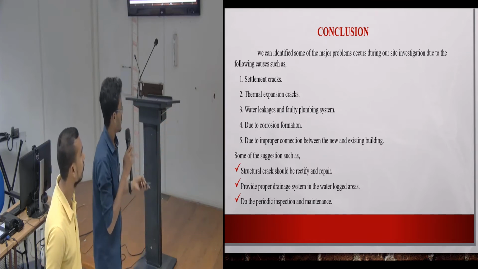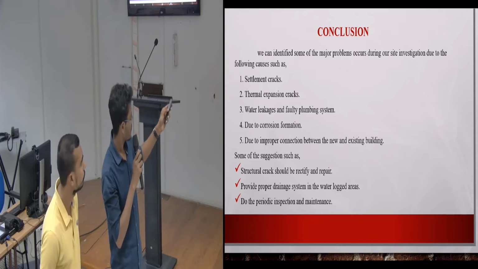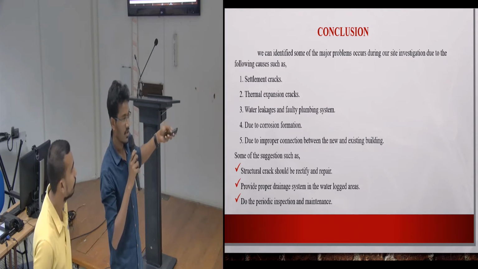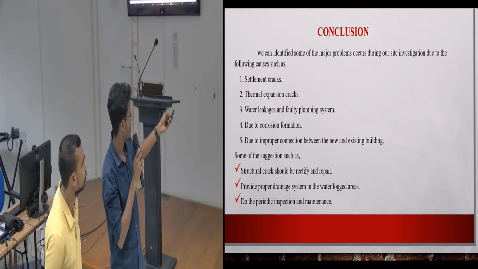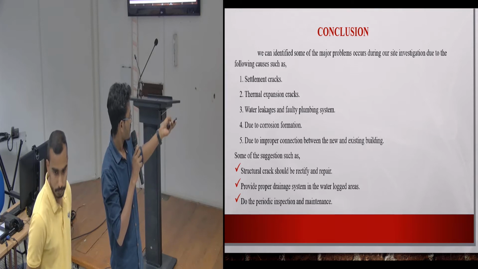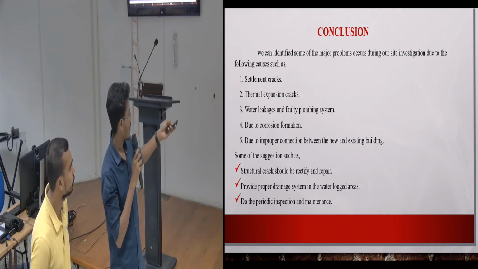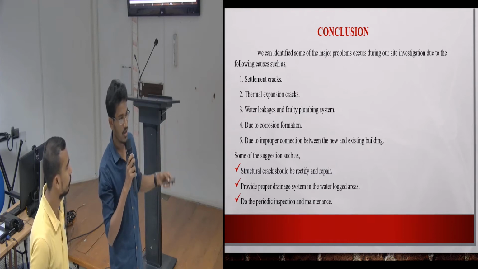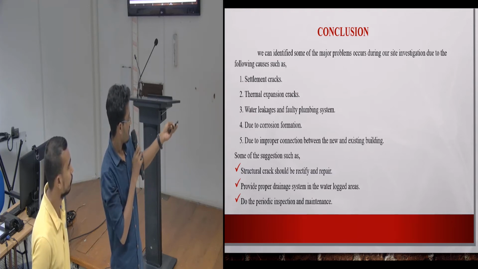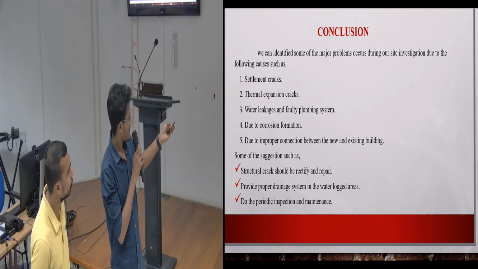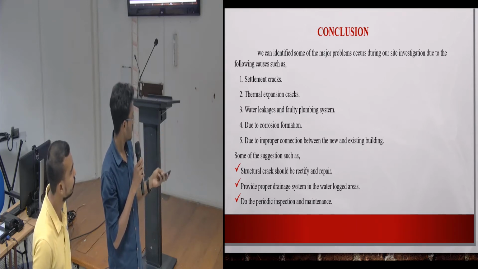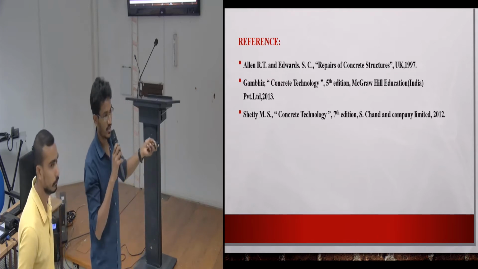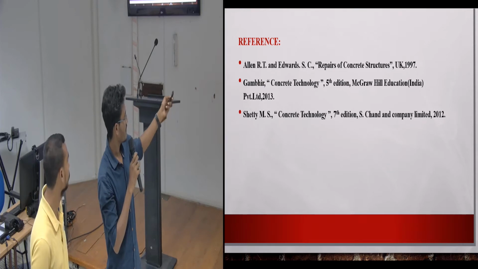So we suggest the following points to overcome such failures: the structural cracks should be rectified and repaired properly, provide proper drainage systems in waterlogged areas, water leakages should be prevented, and do periodic inspection and maintenance. These are the references from which we got information, the reference books.